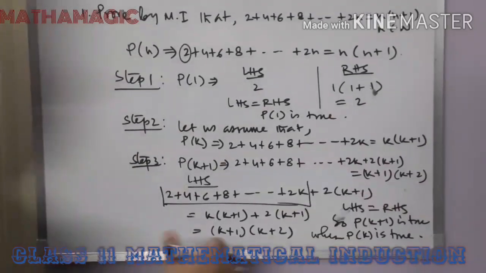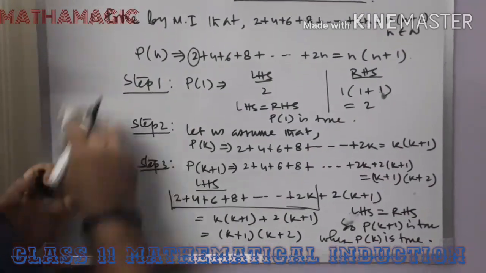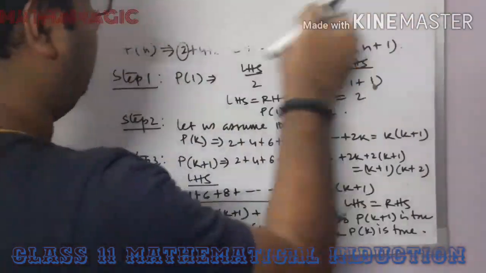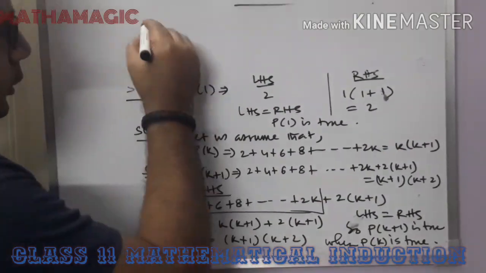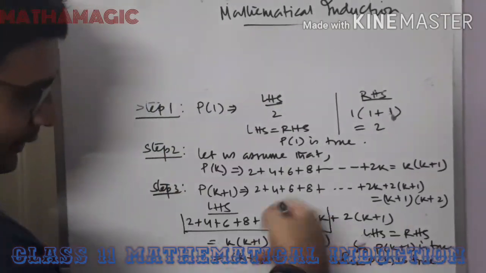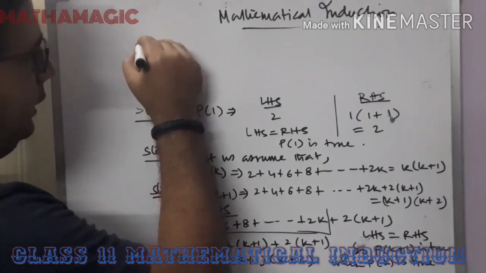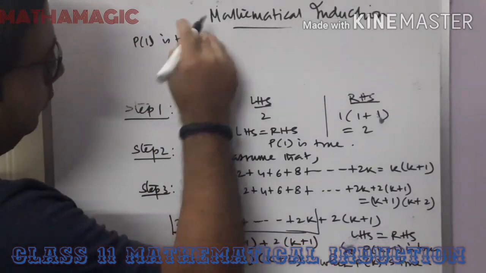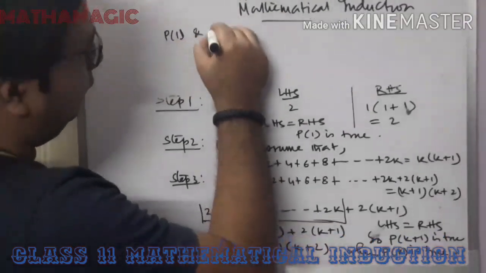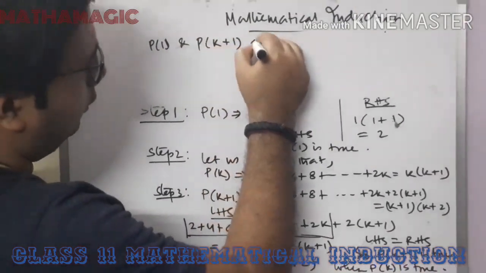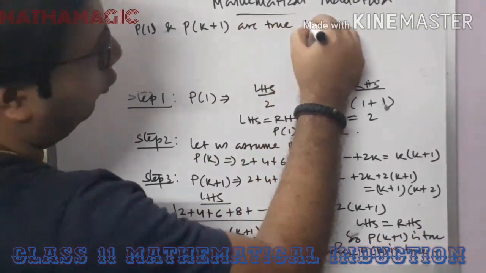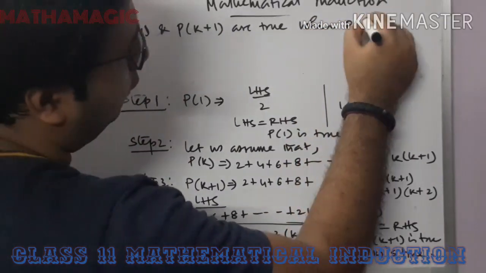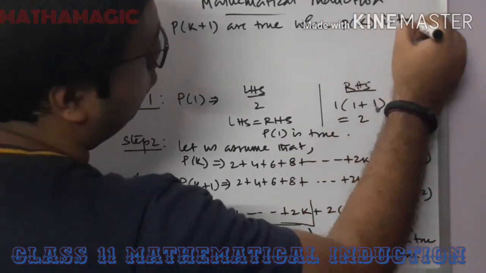So please note it down so that I can remove the first part. So last step, after writing this, we have to write this one: P of 1 is true, and P of k plus 1 is true when P of k is true.